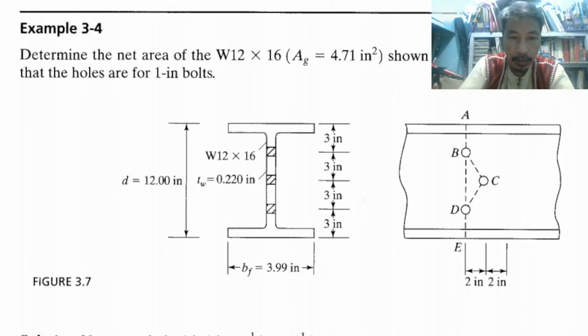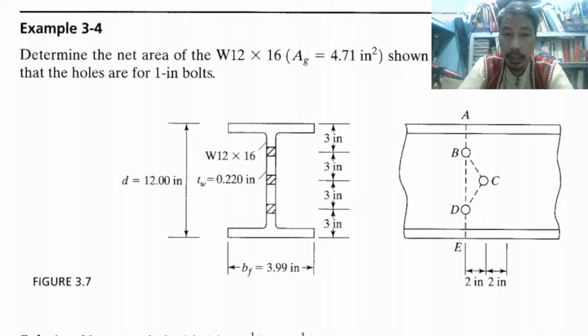So let's get back. We have the specific location of holes. As you can see, 3 inches from the edge of the top flange, going down 3 inches to the center of the first hole, another 3 inches to the next hole, and another 3 inches to the next hole.